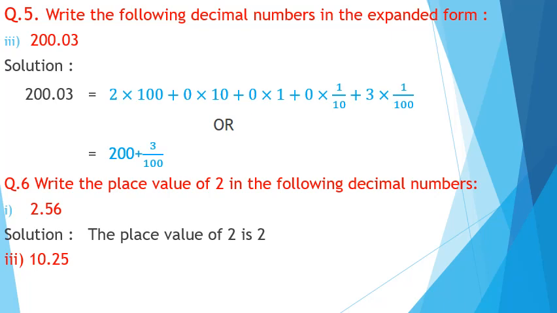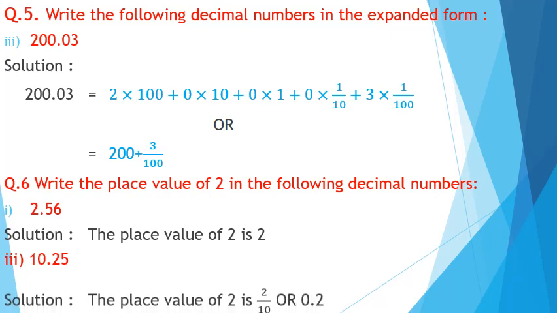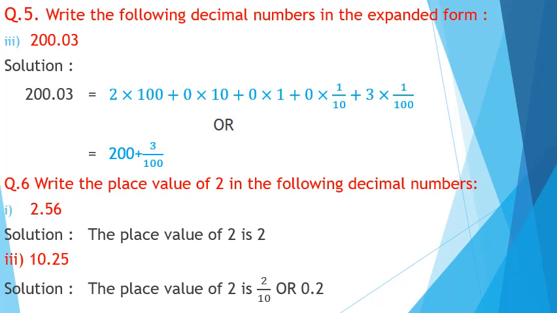Next question, question number 3, 10.25. Here 2 lies in the decimal number part, in the first digit, that is in the 10th place. Therefore, the place value of 2 is 2 upon 10 or 0.2.